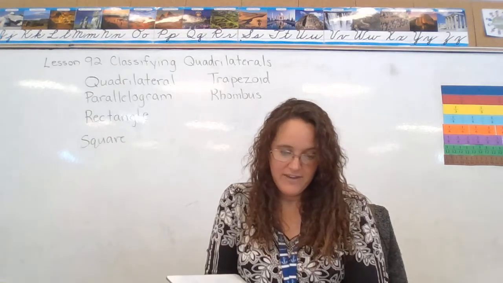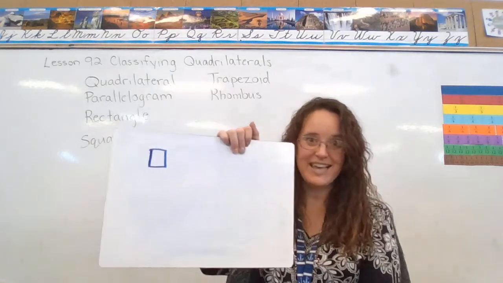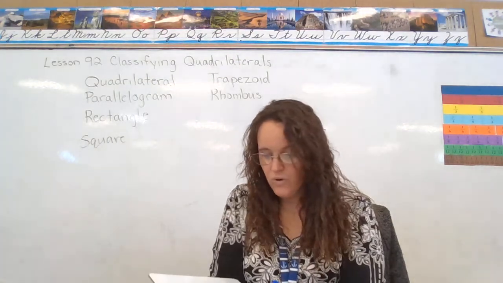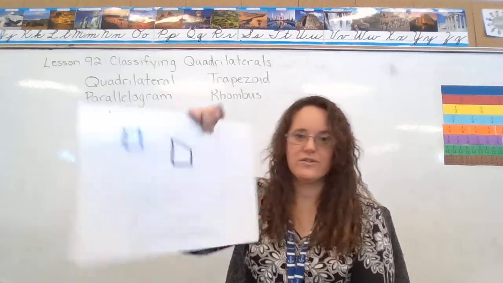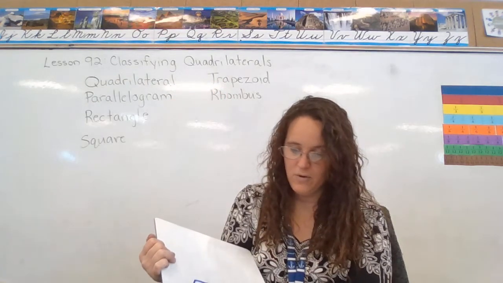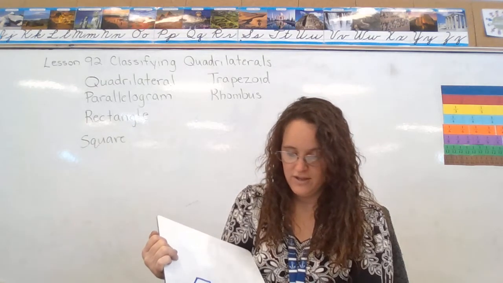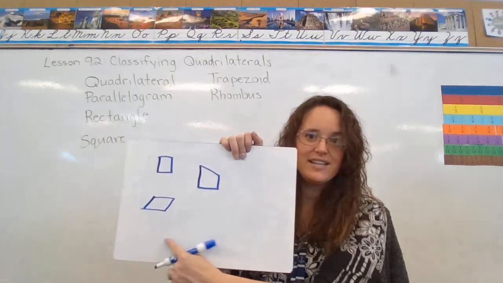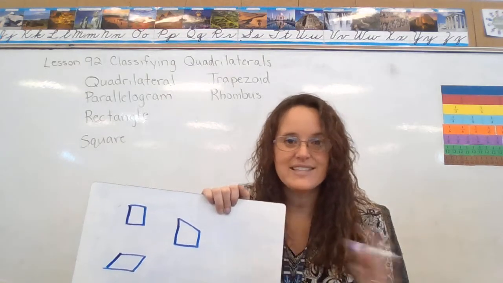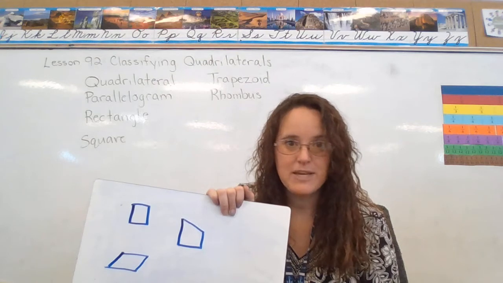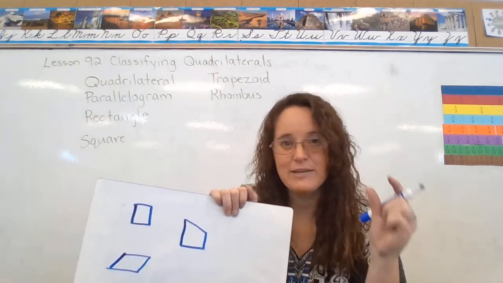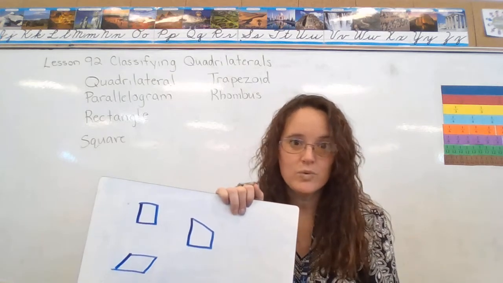So I might have a quadrilateral that looks like this, but it's still a quadrilateral, or a quadrilateral could look like that, or a quadrilateral could look like that. All of these are closed shapes with four sides, and that's the only requirement for something to be called a quadrilateral.